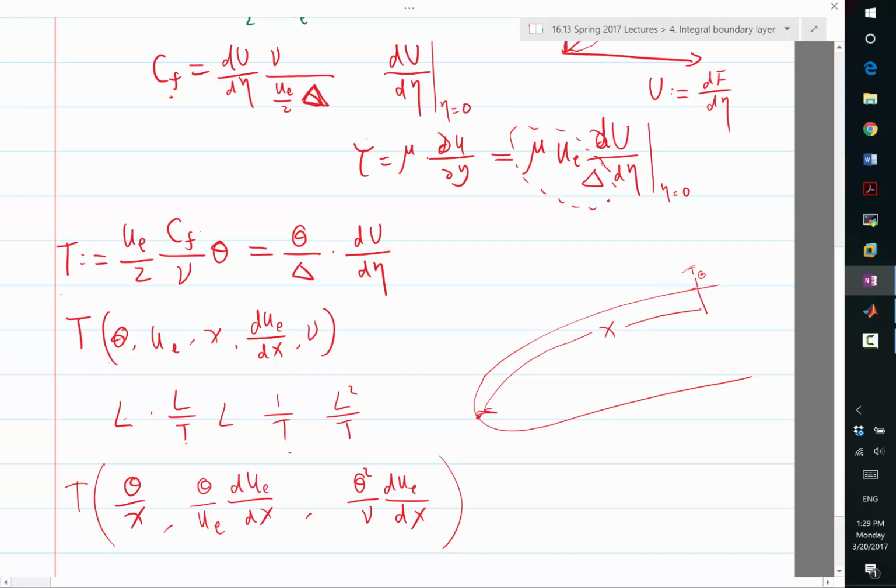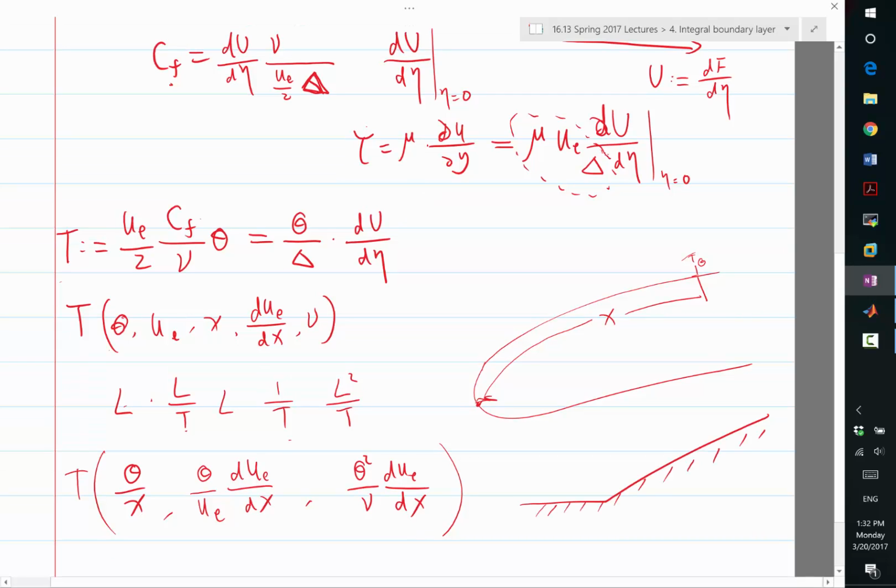Is the ratio predictive of what family? If self-similar solutions exist, then theta over x is changing while the family is not changing. So theta over x by itself should not be able to determine which family to choose from. And that is true for all other Faulkner-Skan families, because theta over x changes while the boundary layer profile remains similar.